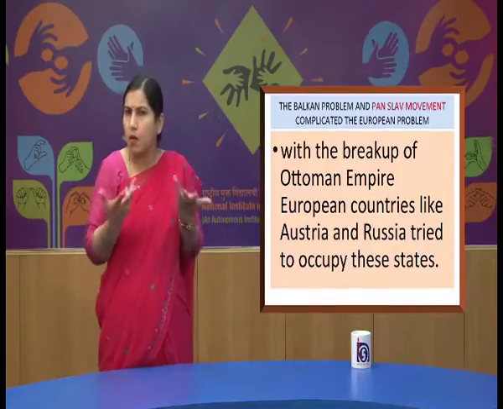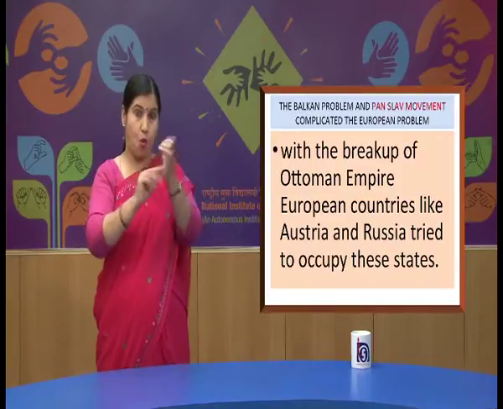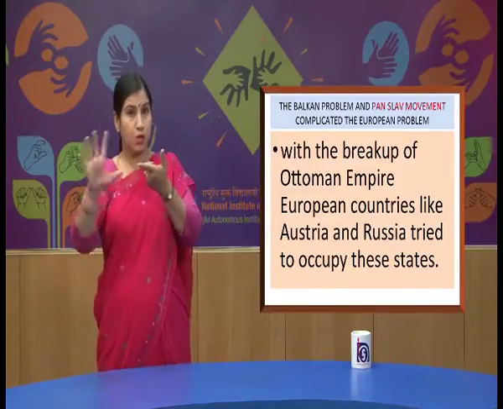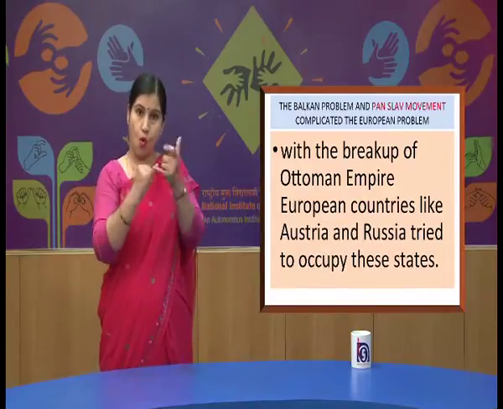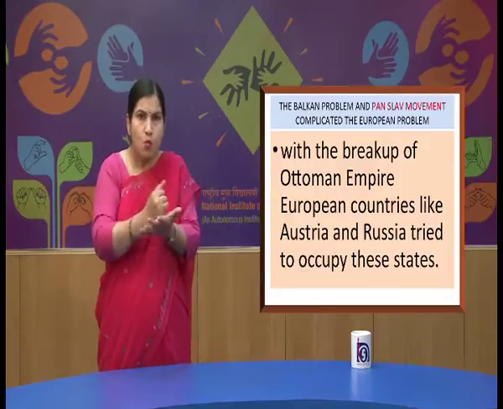However, with the breakup of Ottoman Empire, European countries like Austria and Russia tried to occupy these states.